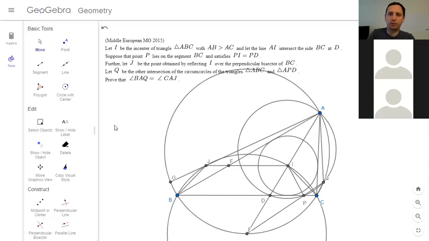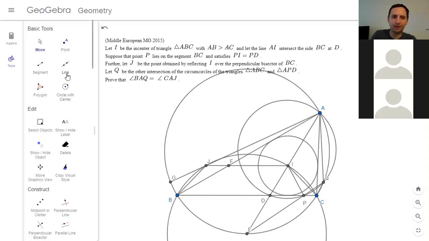One thing Serdar was saying earlier is if we could show AJF is similar to ACQ, that would solve the problem. You know what?